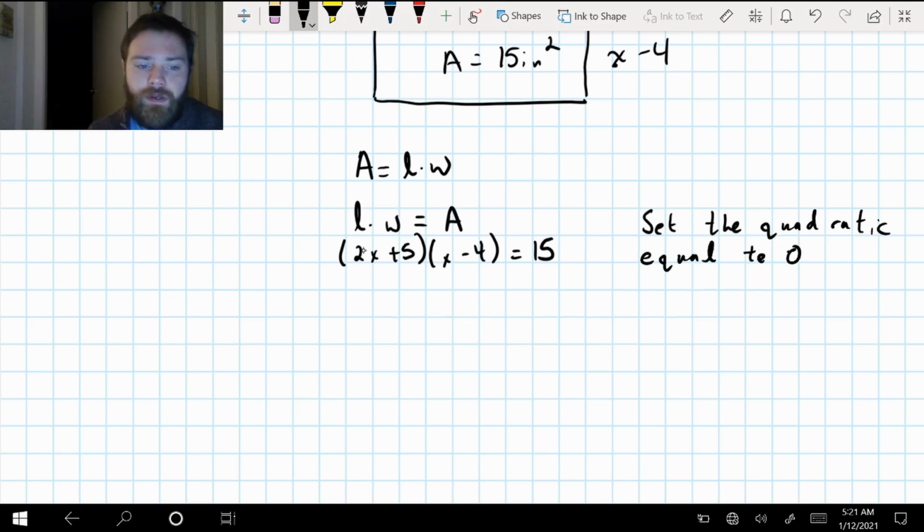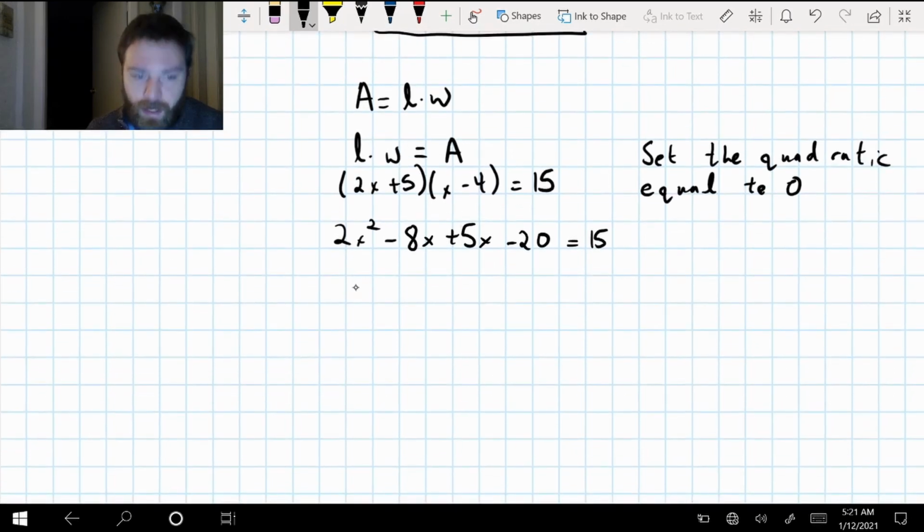Okay? So if I distribute all this out, 2x times x is going to be 2x squared. 2x times negative 4 is going to be negative 8x. 5 times x is positive 5x. And then 5 times negative 4 is negative 20, which equals 15. So I can combine like terms on the left-hand side, but remember we want to get the right-hand side equal to 0.